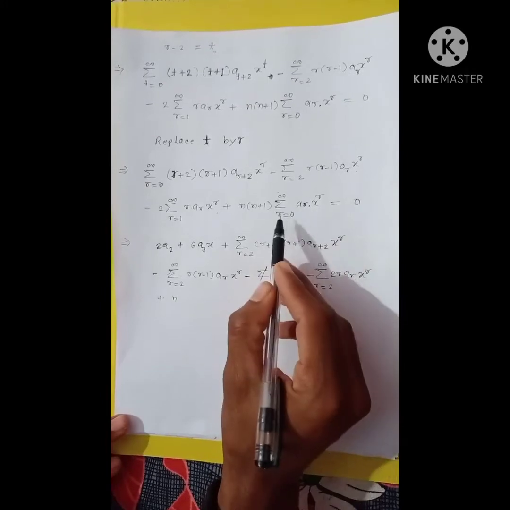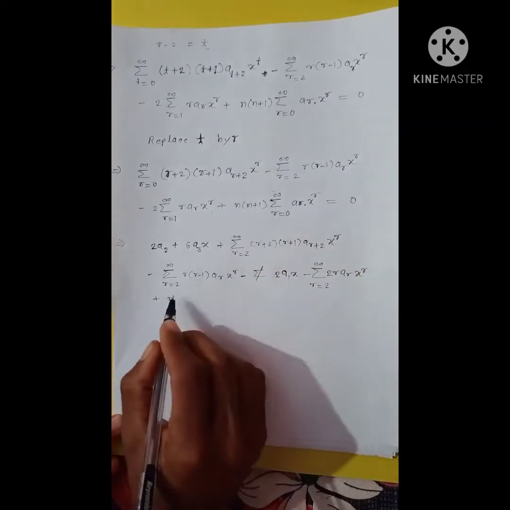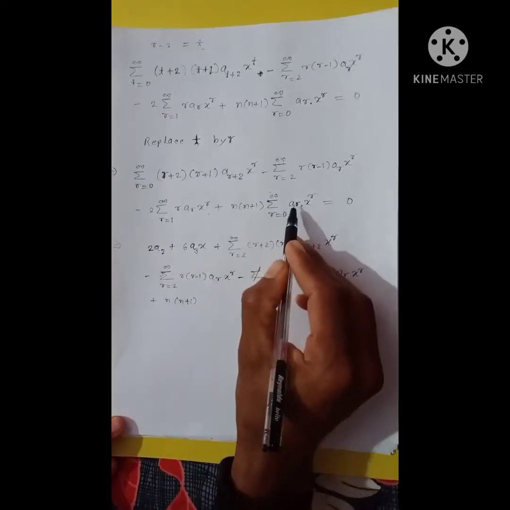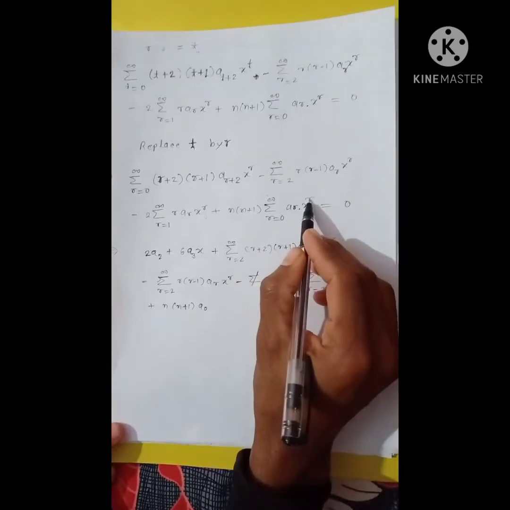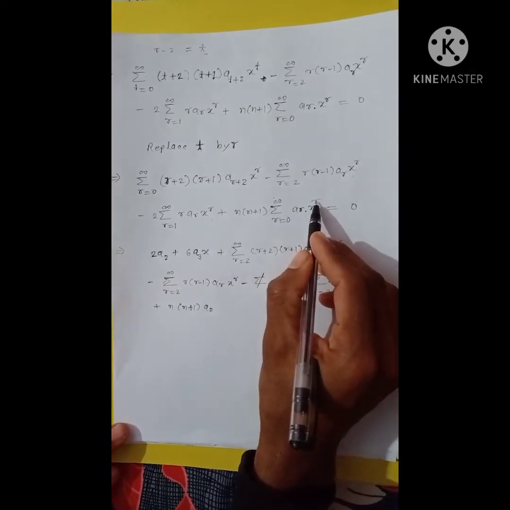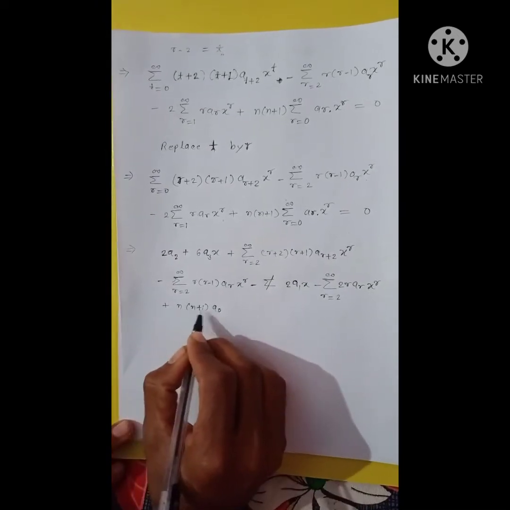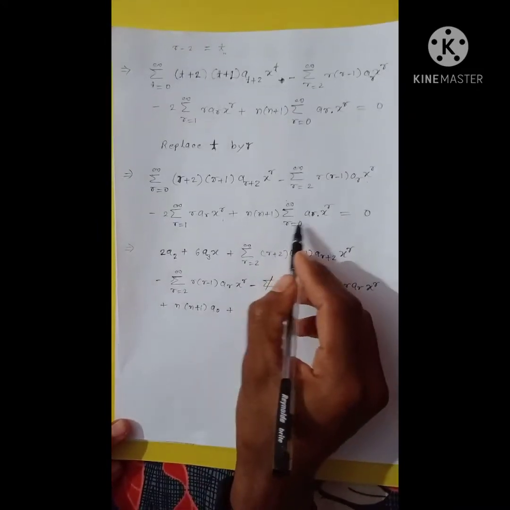here we put r equal to 0. So we get n into n plus 1 a0 into x to the power 0, which becomes 1. So n into n plus 1 a0, and plus we put r equal to 1.